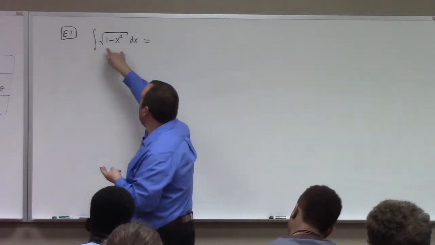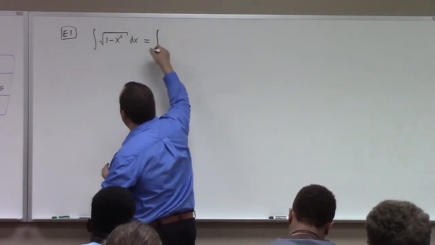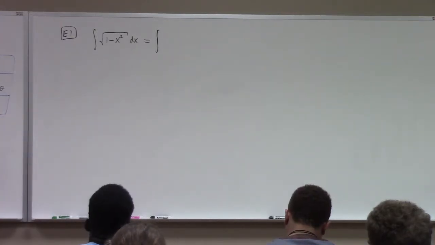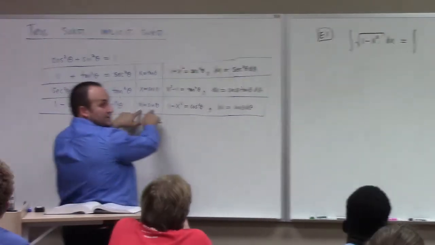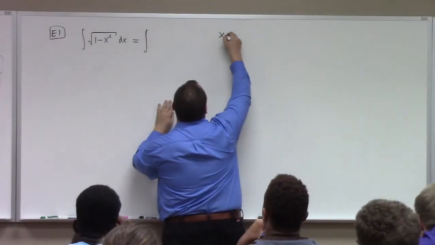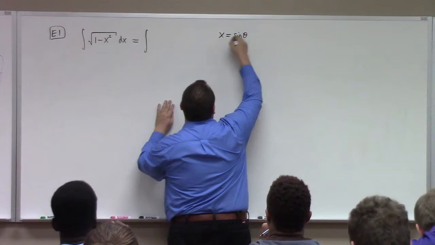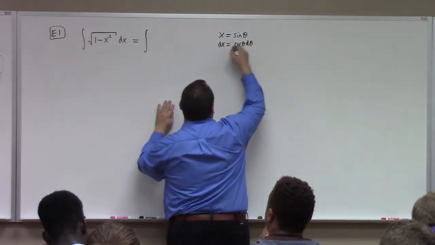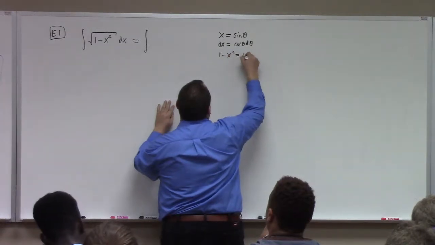Let me show you how. So which trig substitution should we make? Well, this is like a 1 minus something squared inside the radical, right? So I make an x equals sine theta substitution here. So dx is cosine theta d theta, and 1 minus x squared is cosine squared theta.